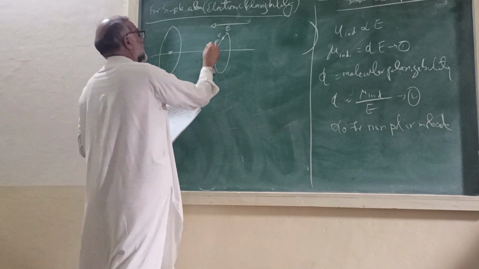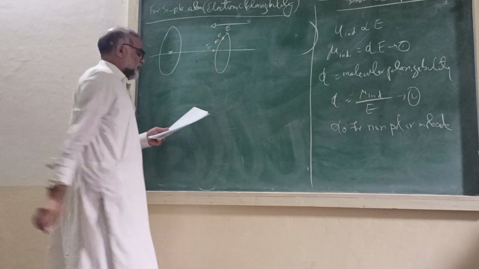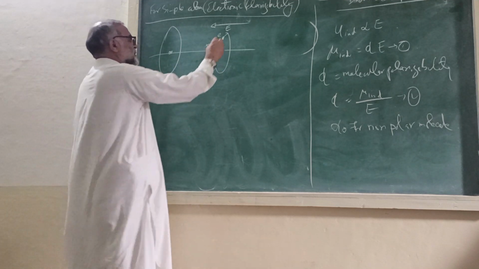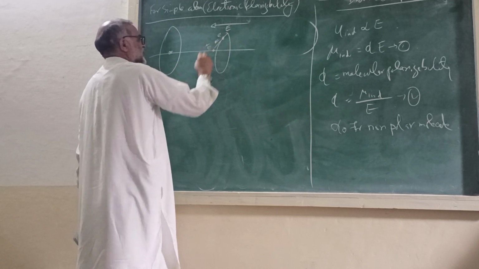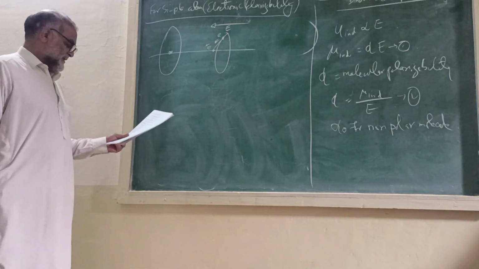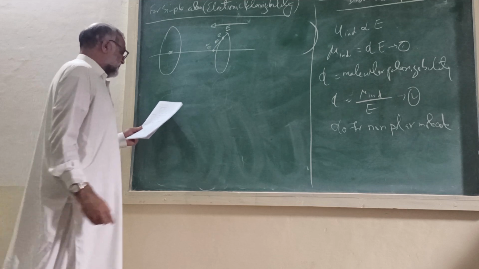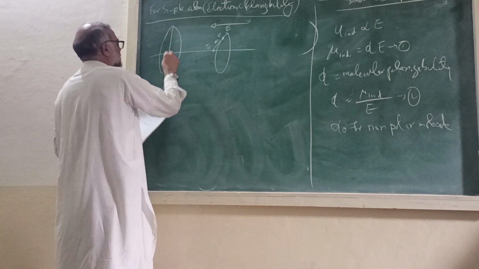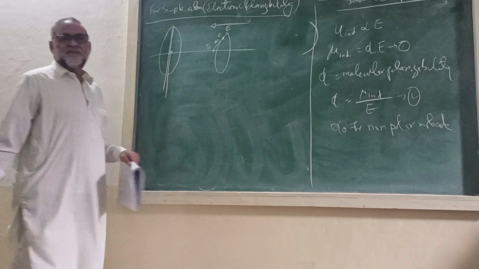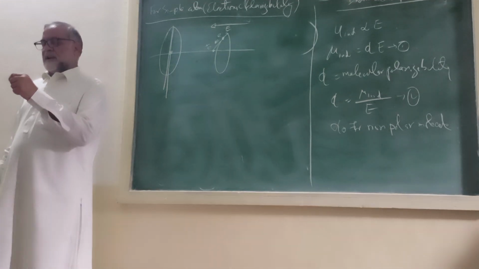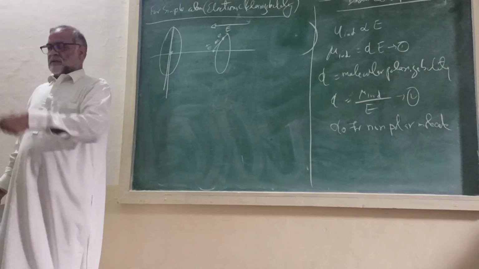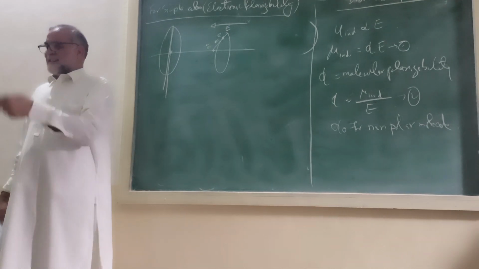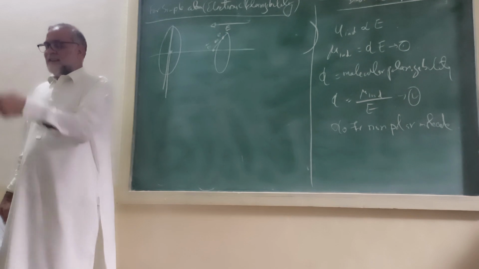Classically speaking, the electron is rotating around the nucleus.